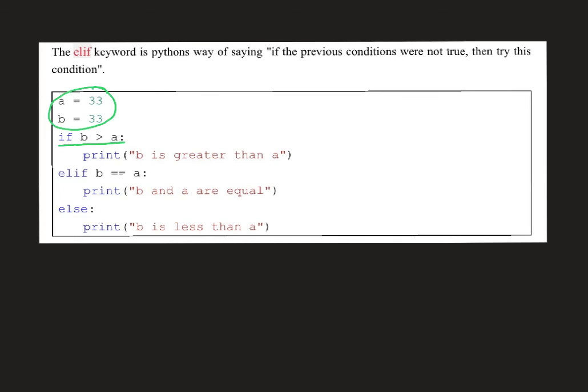Therefore, this statement will not be executed. We will take a look at the second, elif b. What is the meaning of this double equal? Double equals means compare the value of b with that of a. And actually b is equal to a. Therefore, this statement will be executed.